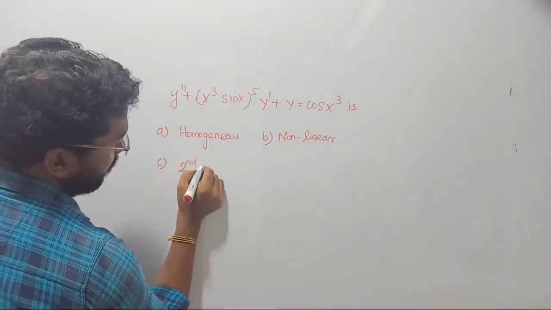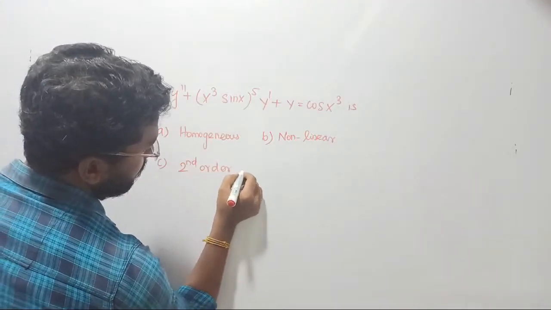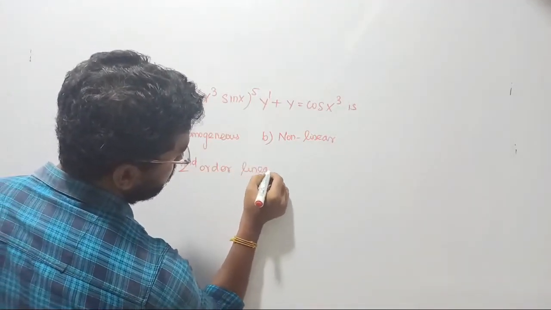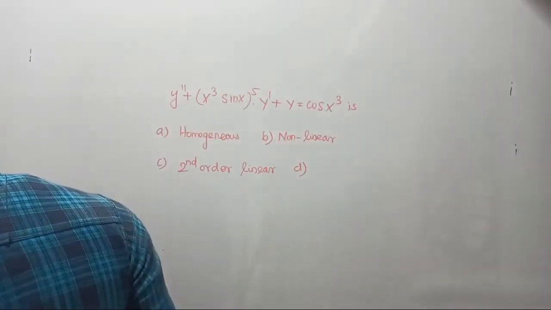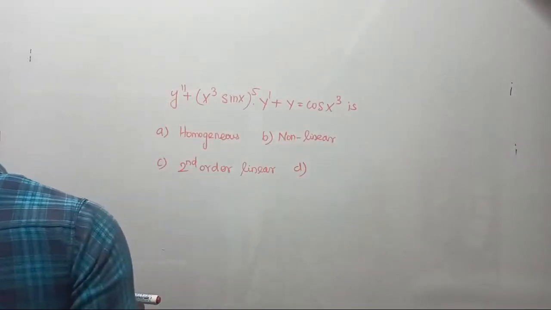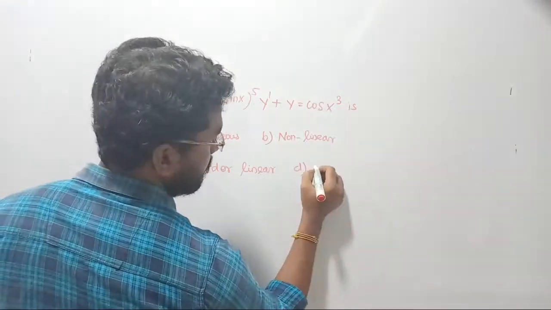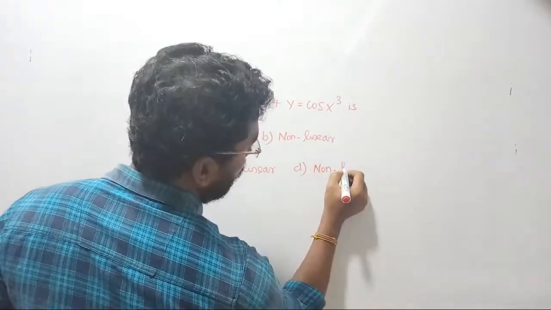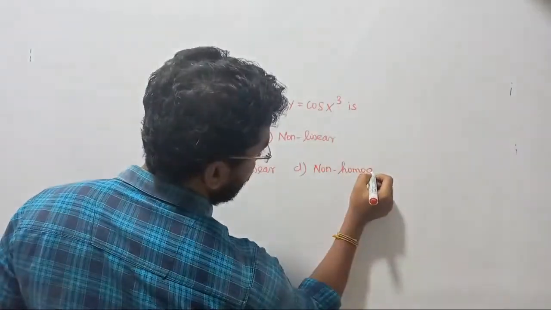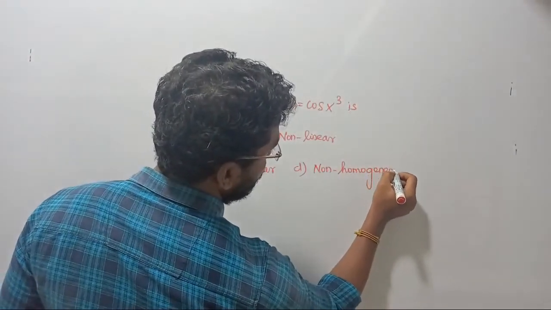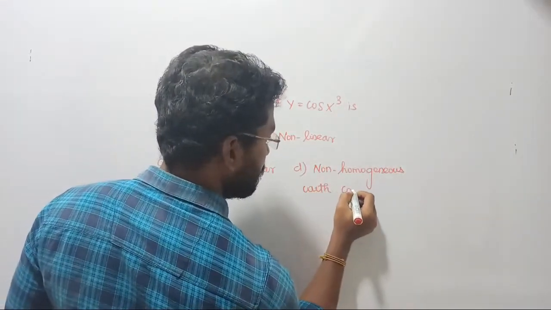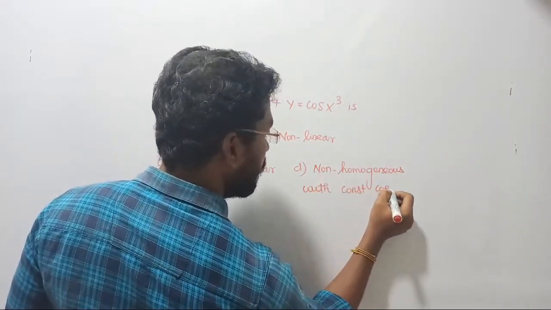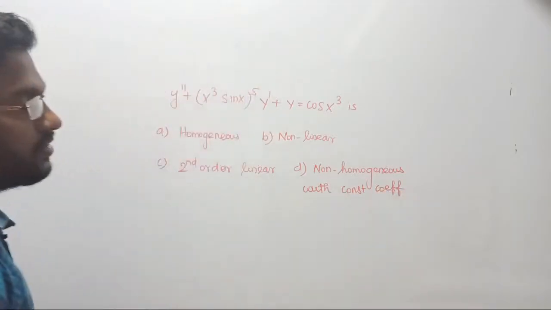Then in option D they said non-homogeneous with the constant coefficients.